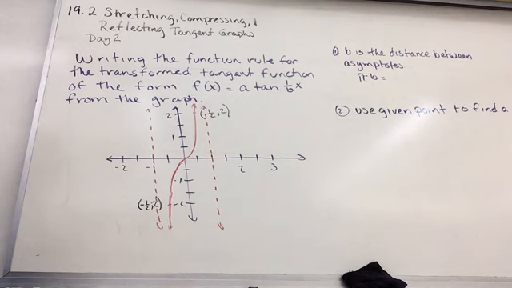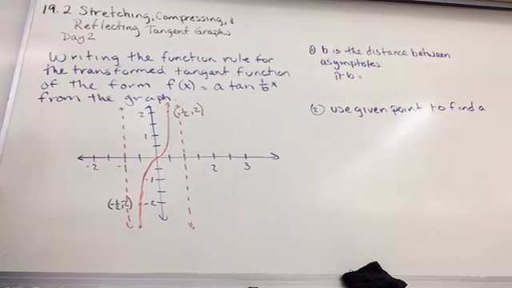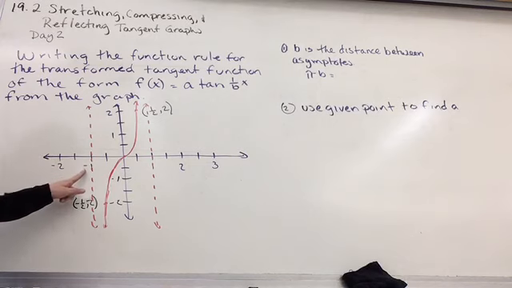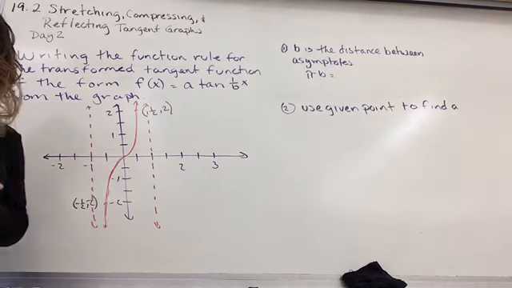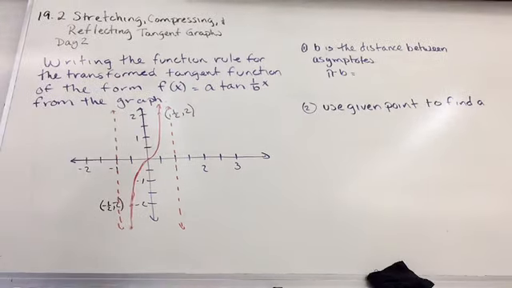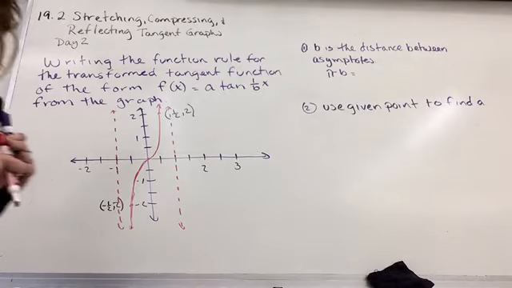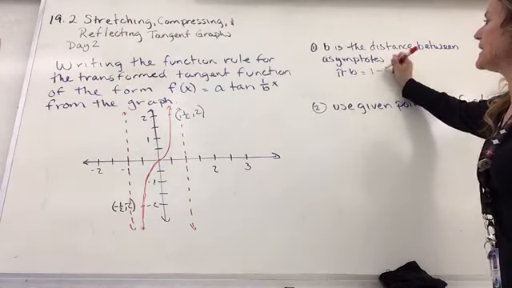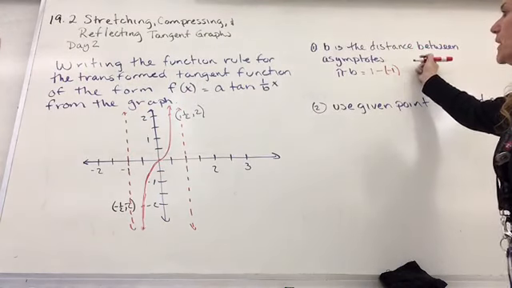And we're going to use a little formula that I'm going to give you to find out what the b value is. So to find b is the distance between your asymptotes. Our asymptote goes from -1 to +1. So to find that, we're going to say that pi over b equals 1 minus -1.